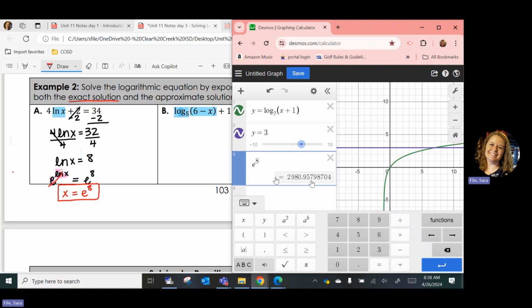So 3 places is where the 7 is. Is it going to stay as 7 or is it going to round up? It's going to round up because of that 9. You always look one more place to the right to see if this should round up or not. So it's going to be 2980.958.